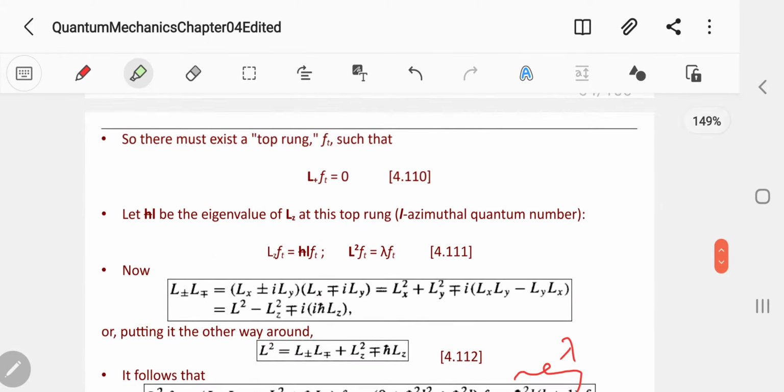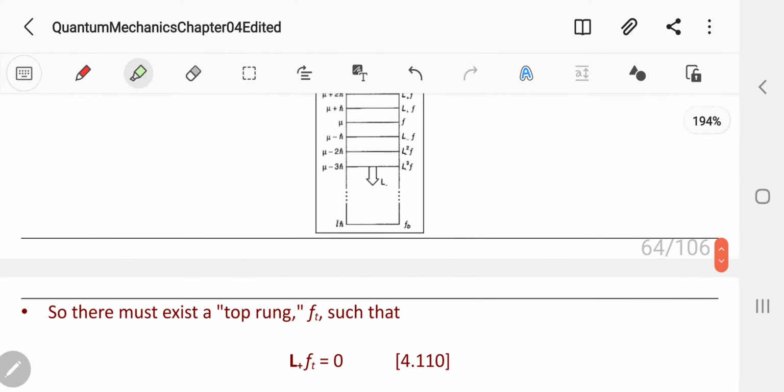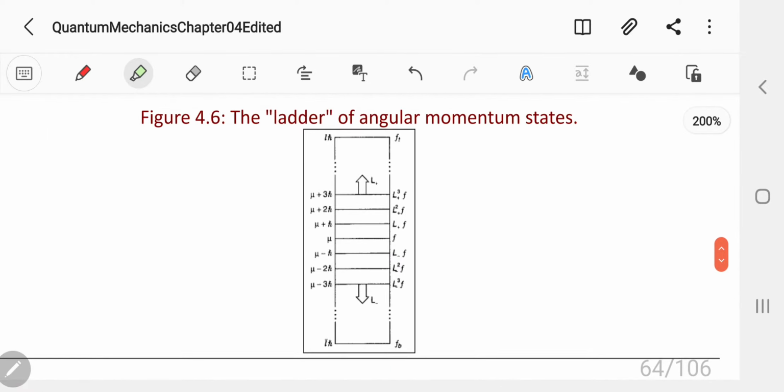So if we go back here, we look at this. This is supposed to be the same. This is Lħ and this is Lħ. So you have 1, 2, 3, 4 L levels here, and also L levels here, and then you have another level here.